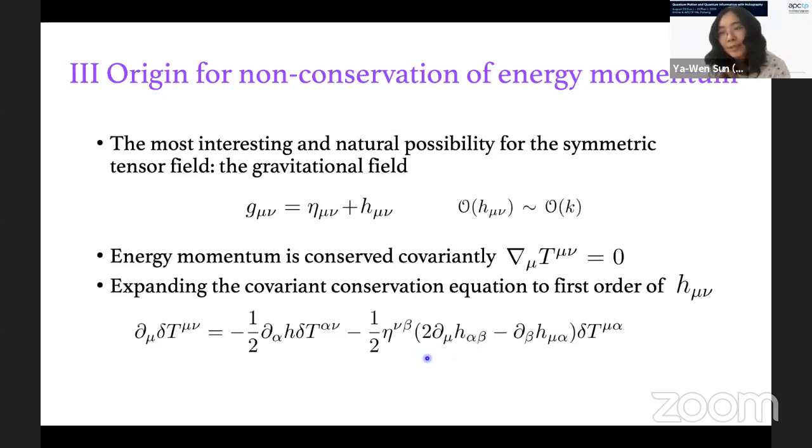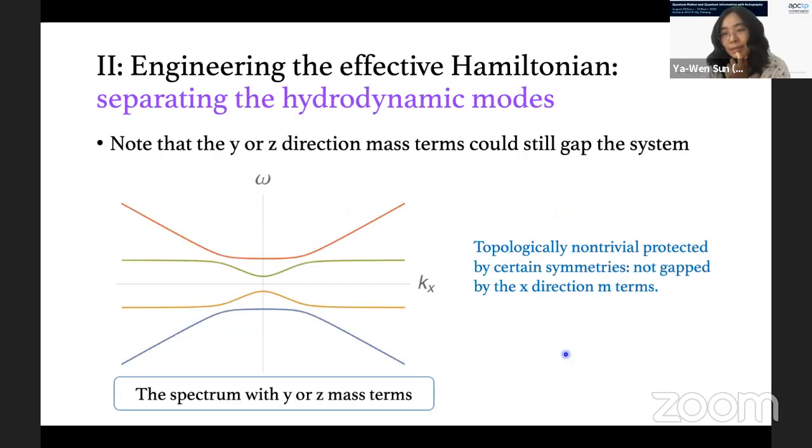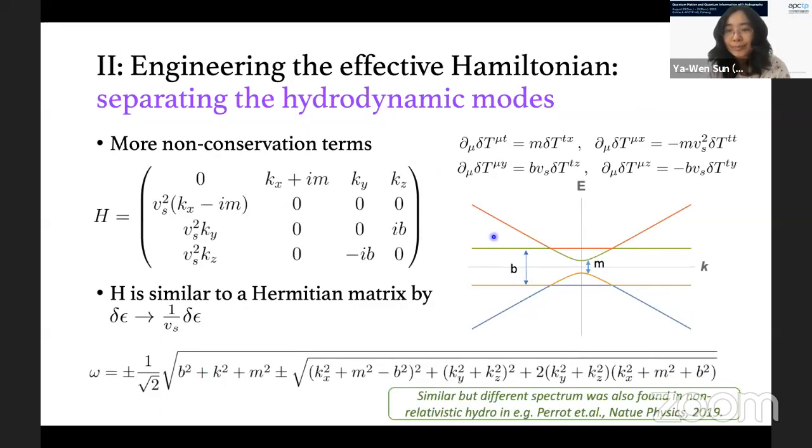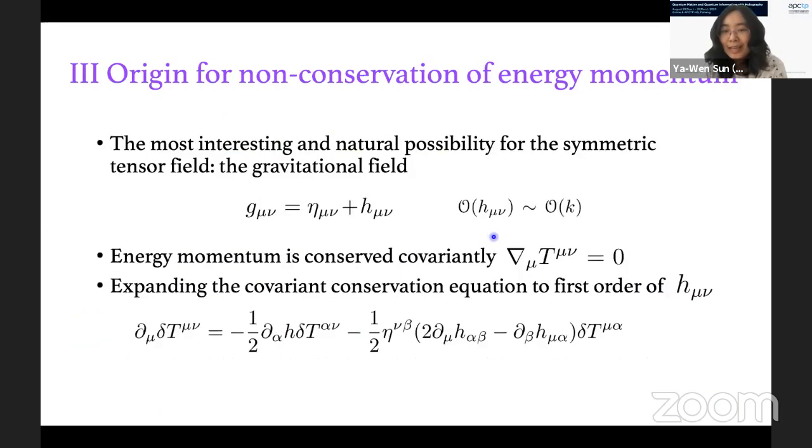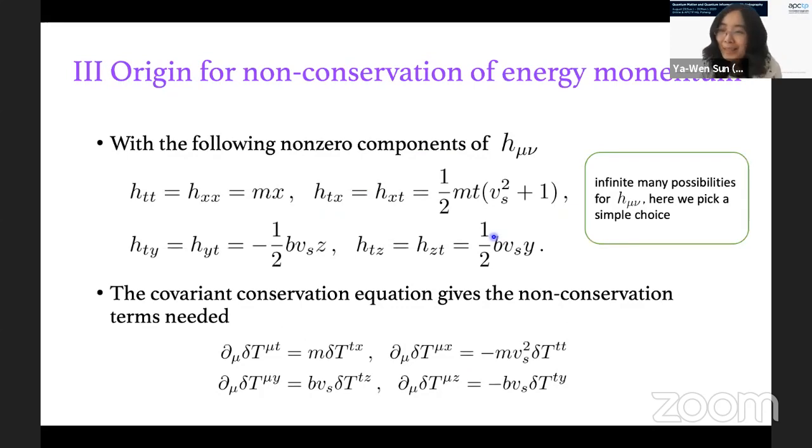Very similar to the case here, if we fine tune the components of h, we could get the terms that we need here. Now, in fact, there are many ways to choose the non-zero components of this h mu nu, and we pick a very simple choice.